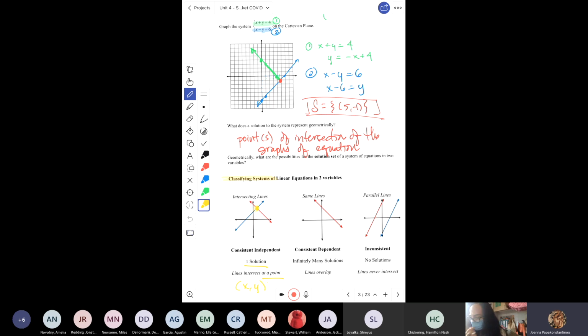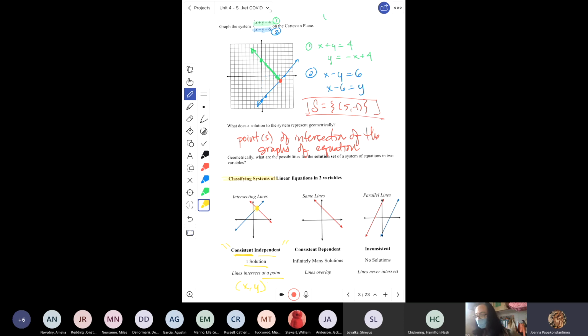We would call this system consistent independent. Consistency refers to intersection. They cross. So if they cross, if a solution exists, it's consistent. If the two lines are independent, then we call it consistent independent.